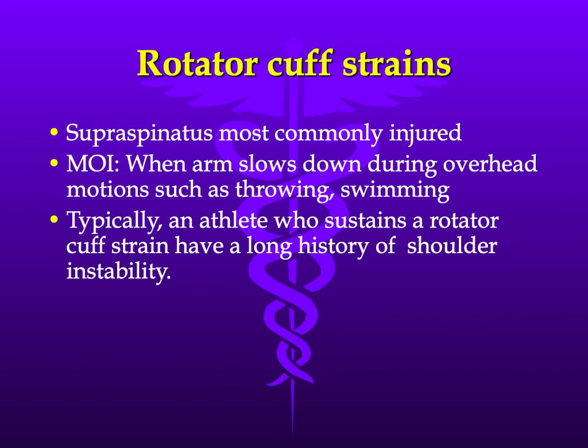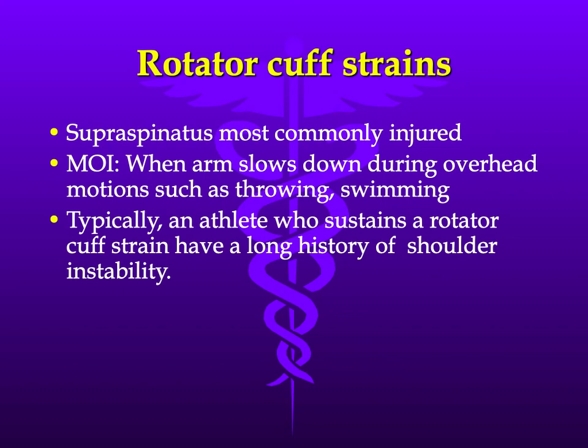Athletes who have rotator cuff strains usually have a long history of shoulder instability. The rotator cuff isn't strong enough to hold that humeral head in the glenoid cavity anymore, and so eventually it stretches out the cavity and it tears the rotator cuff.